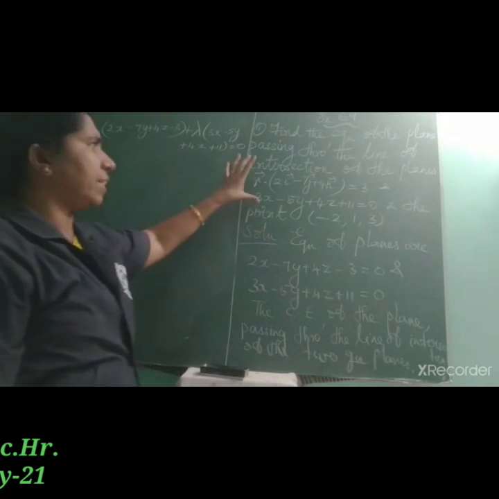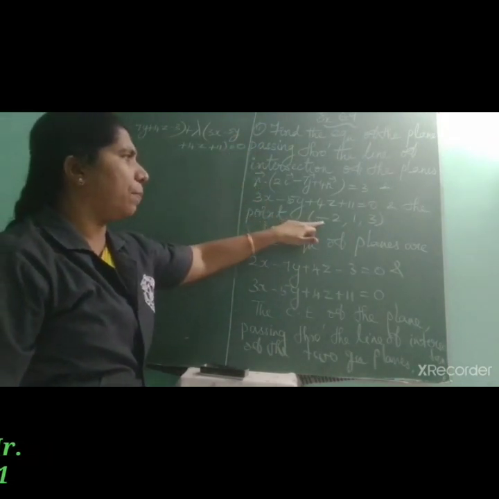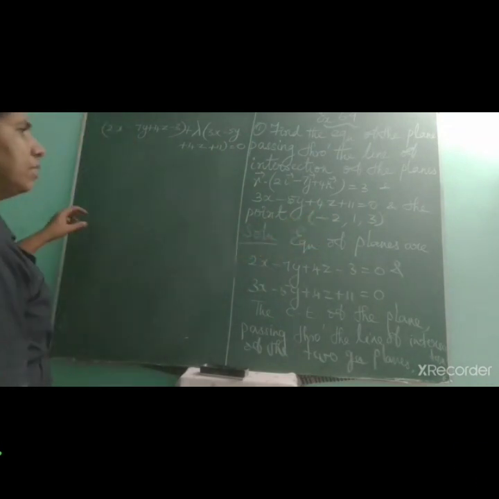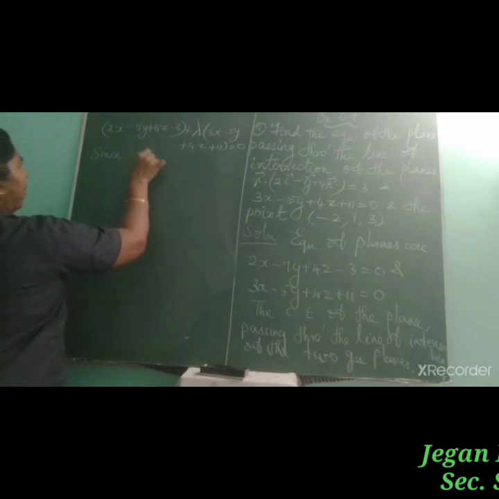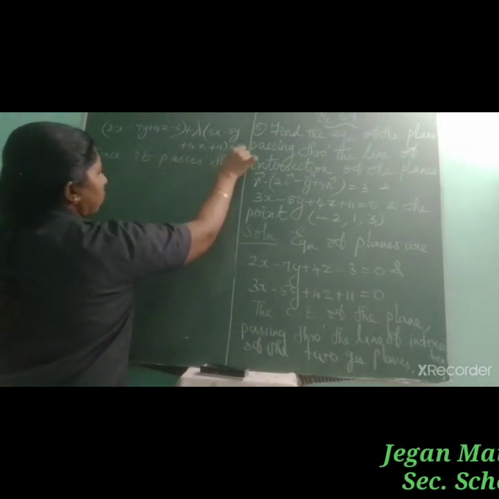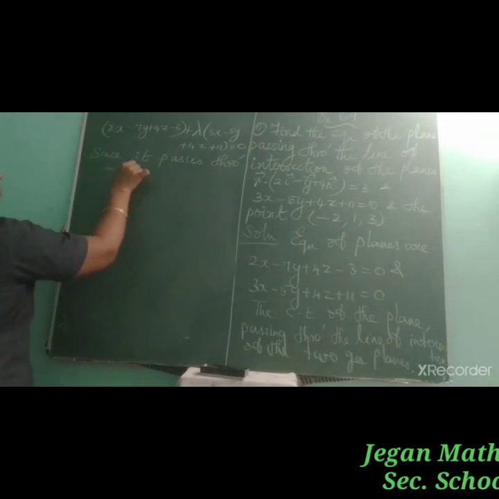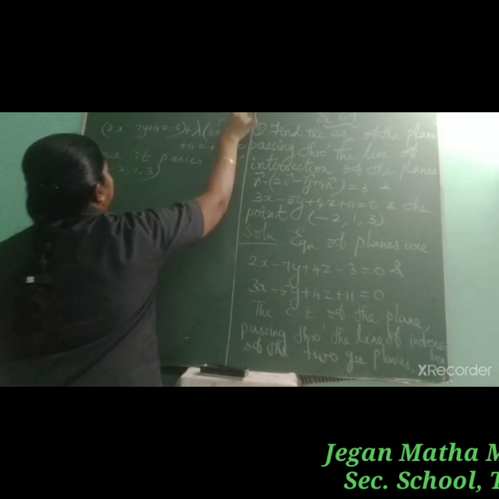Then in the question it is given that the plane passes through the point (minus 2, 1, 3). Since it passes through (minus 2, 1, 3), consider this as equation number 1.